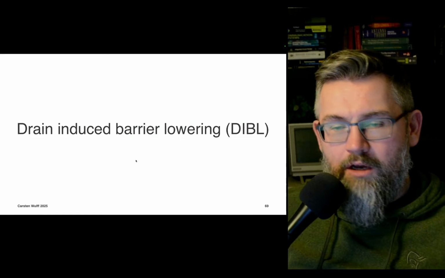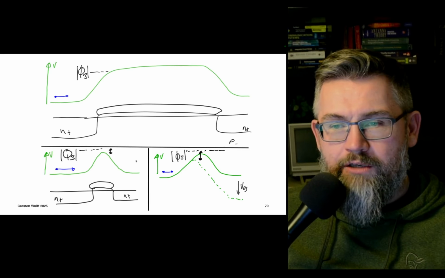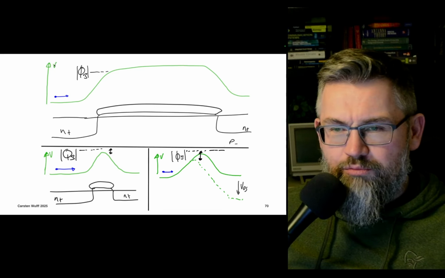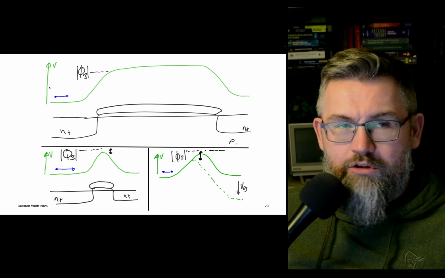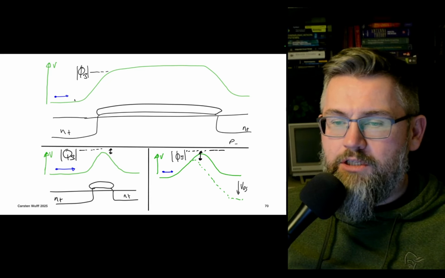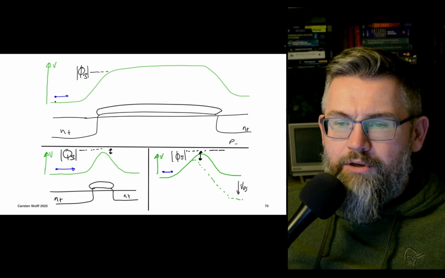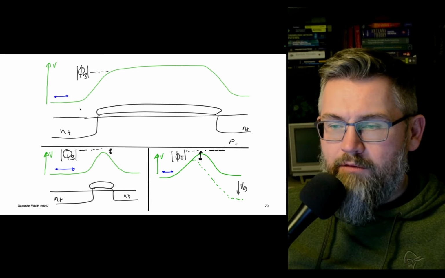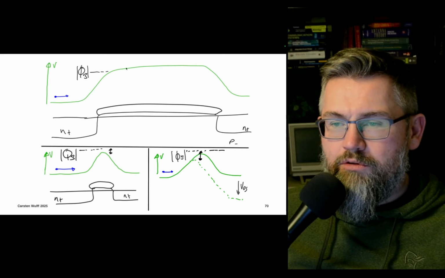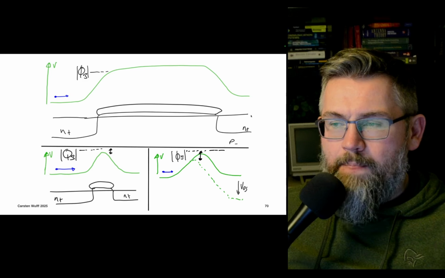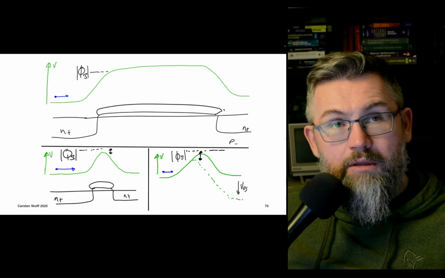So, a couple of the effects: one's called drain-induced barrier lowering. If we look at this, this is voltage, it should really be energy, but you can just take the voltage, multiply it by the unit charge, and we get energy. But here we can see that the energy barrier for the electrons to go from source to bulk or the channel and down again can actually be modulated by the width.